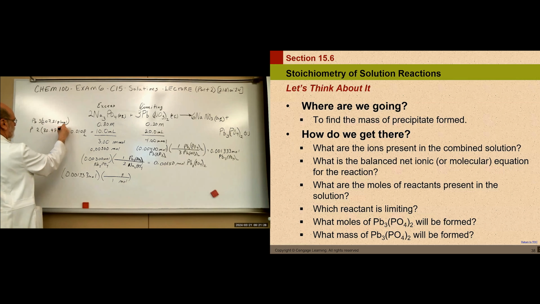And then we have how many oxygen? 2 times 4 is 8. We have 8 oxygen, which is 16 each. And we add those together. And I get 811.57 grams per mole. That's the molar mass of lead 2 phosphate.